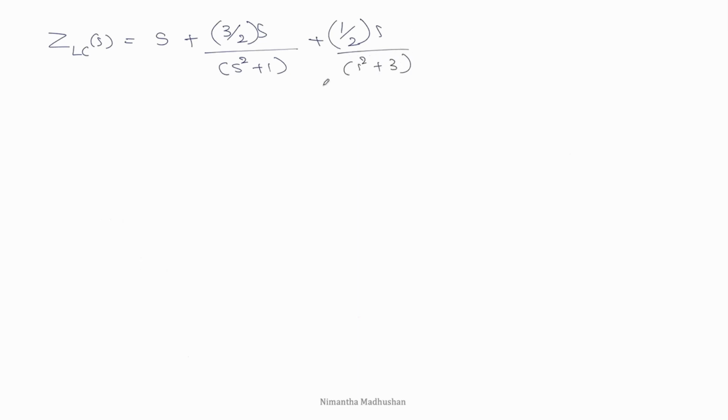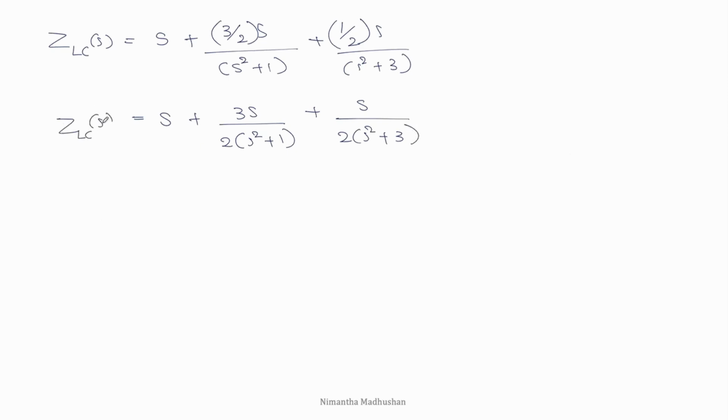Value of E is 0. And we can write S plus 3S over 2 times S square plus 1, plus S over 2 times S square plus 3.